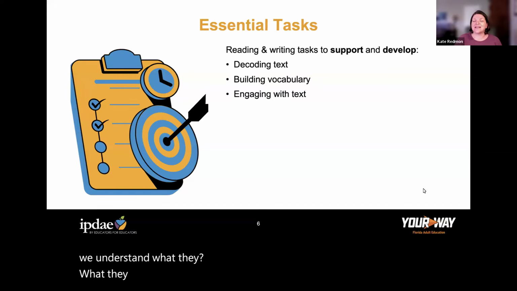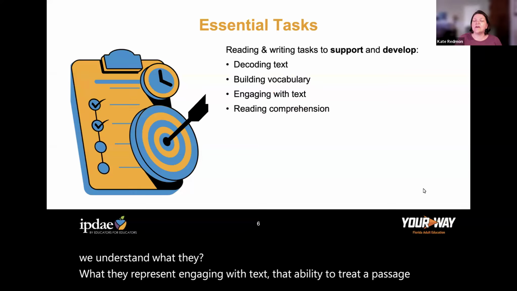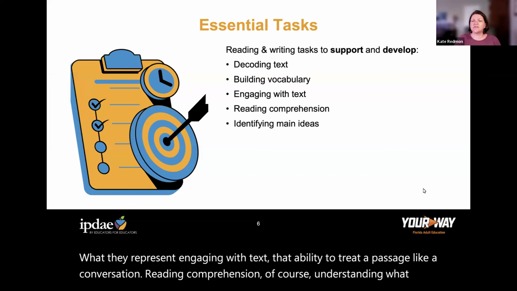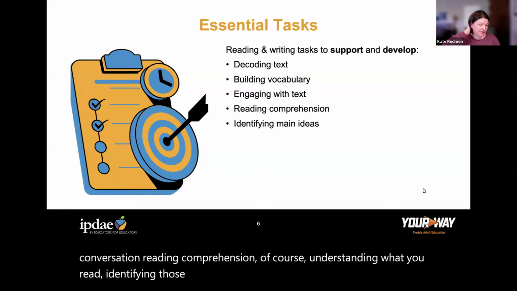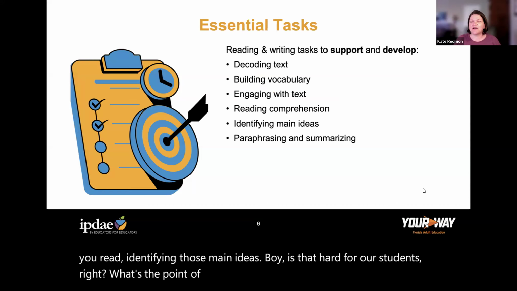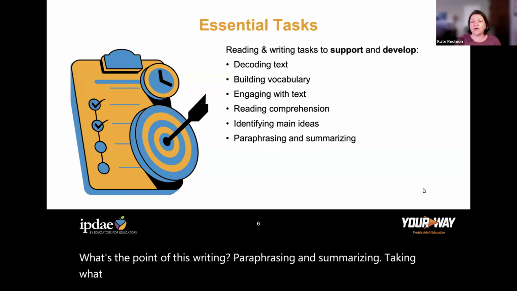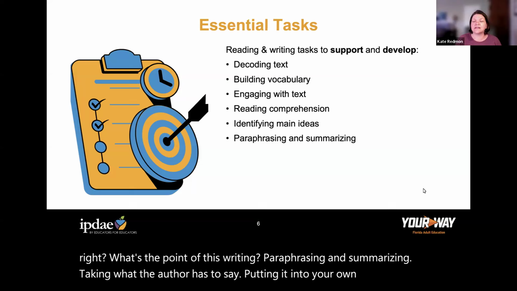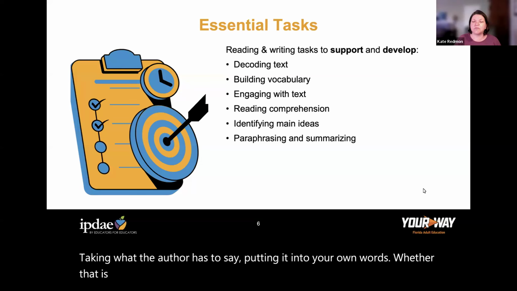Engaging with text, that ability to treat a passage like a conversation. Reading comprehension, of course, understanding what you read. Identifying those main ideas. Boy, is that hard for our students, right? What's the point of this writing? Paraphrasing and summarizing, taking what the author has to say, putting it into your own words, whether that is in entirety or it is just pulling out the main idea.